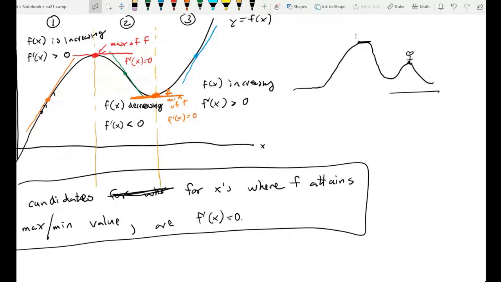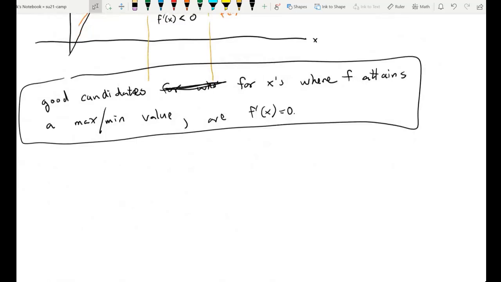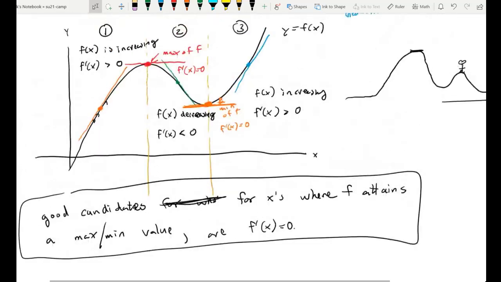Okay. Understood. It's true. Another issue is actually to find where the function globally has its maximum value. Now, that's a different story. It's a related story.